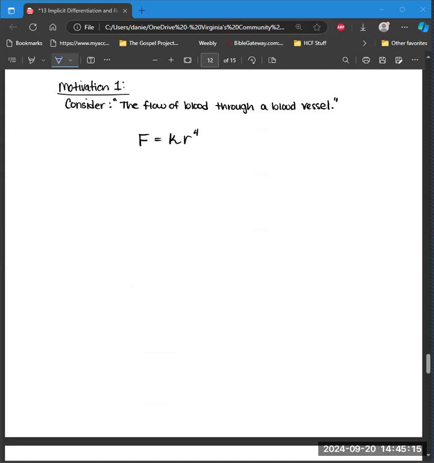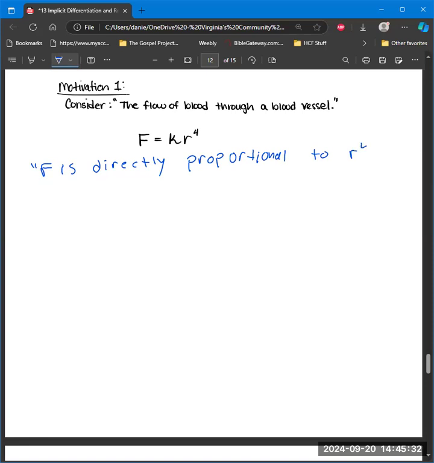So we would say something like F is directly proportional to R to the fourth, something like that. And K is that constant of proportionality.